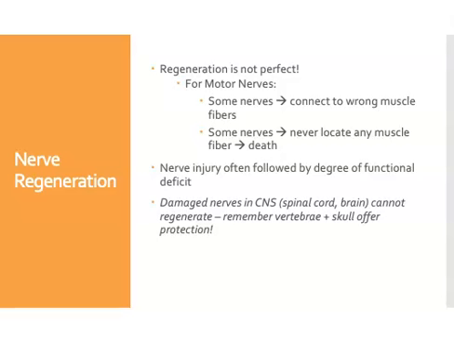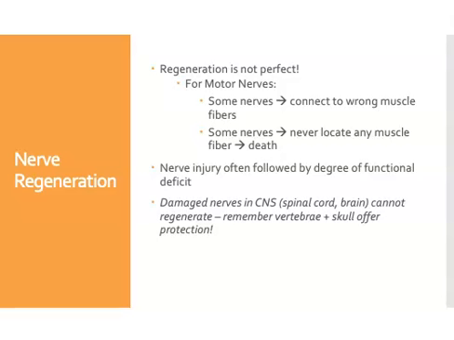Sometimes they never reconnect at all. In other words, the regeneration tube is not able to get these sprouts back where they used to be. So no synapse is reformed.